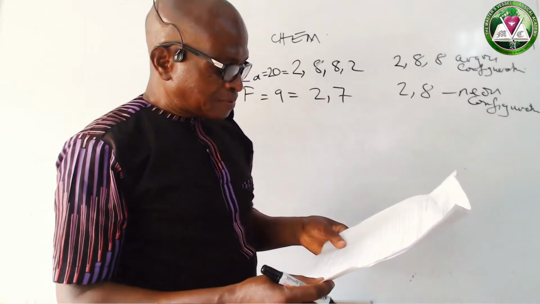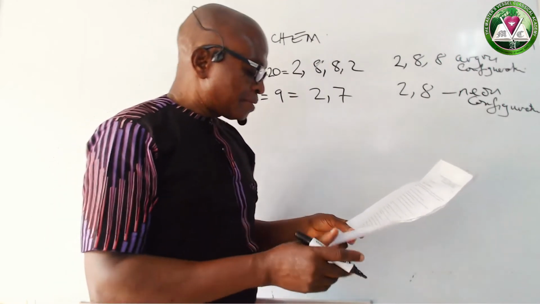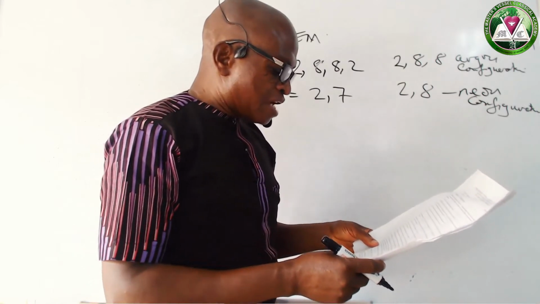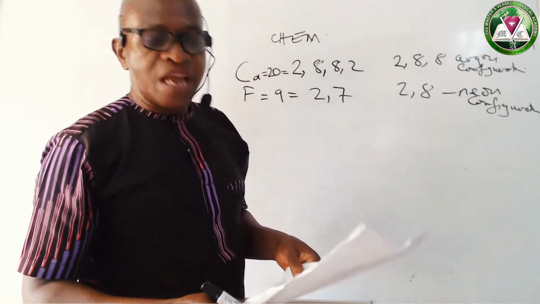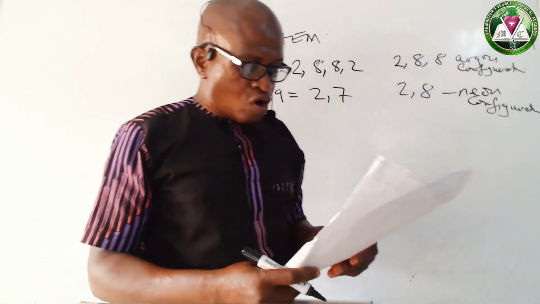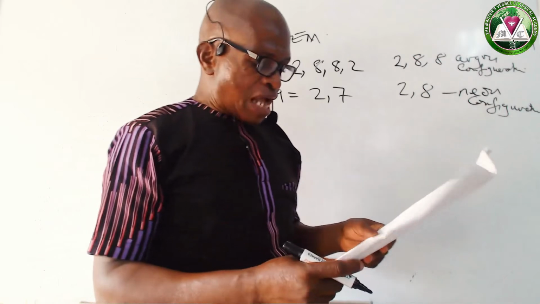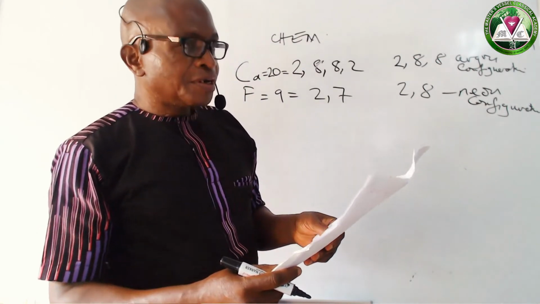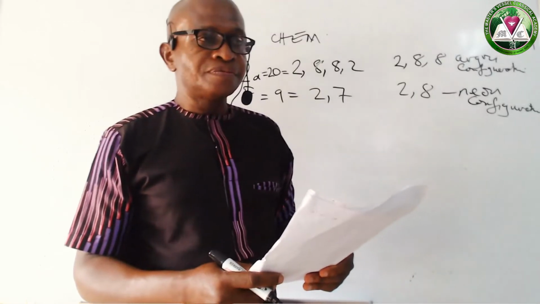That takes care of number 14. Then number 15 says, explain why an air inflated balloon bursts in the hot sun. The simple answer there is because increase in temperature increases the kinetic energy.